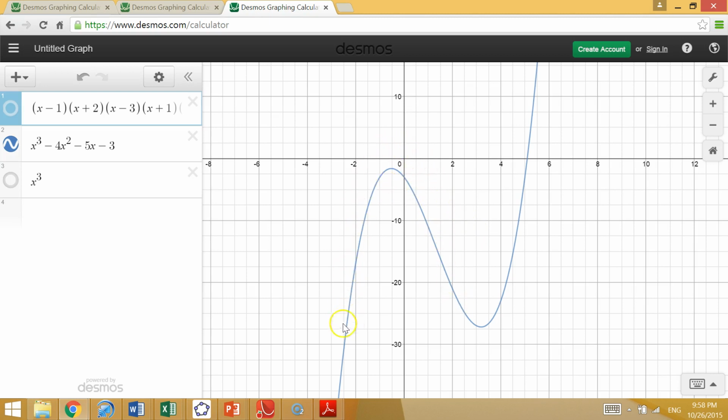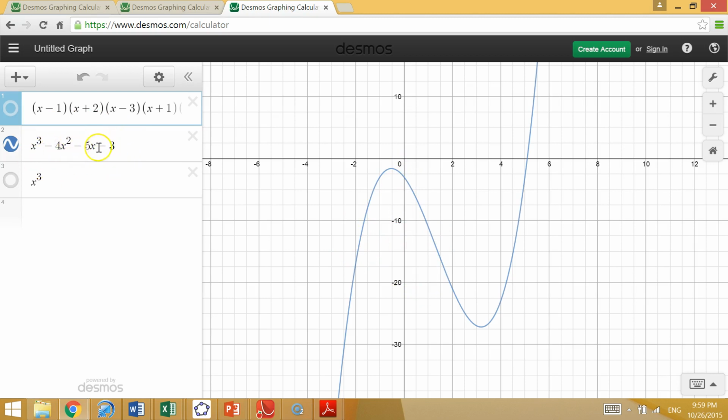It almost looks like a downward-facing parabola close to the center there. That negative 5x would be a line with a slope of negative 5 coming right through here. This section of the graph looks a lot like a line with a slope of negative 5. Then the negative 3 just moves it down 3. So that's just going to move it down to that point right there. And so that's really what's happening in this graph.